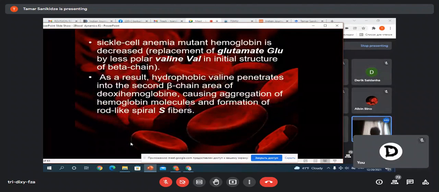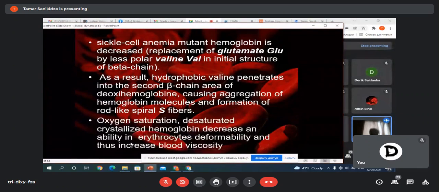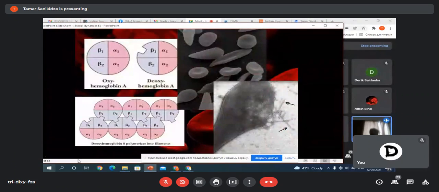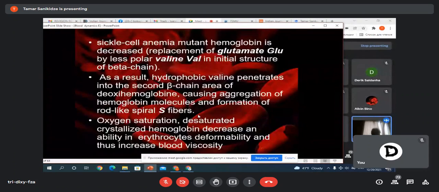Genetic mutations of hemoglobin are also known: replacement of glutamate by the hydrophobic valine in the initial structure of the beta chain. As a result, hydrophobic valine penetrates into the second beta chain area of the deoxyhemoglobin, causing aggregation of the hemoglobin molecules and formation of rod-like spiral S fibers in sickle cell anemia.